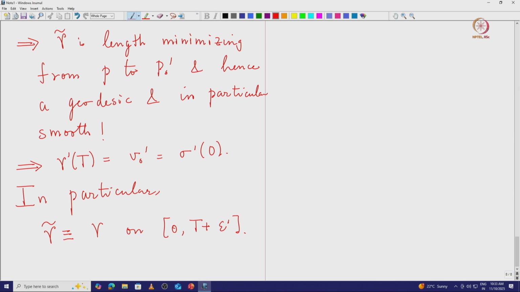So then, if you look at the distance of gamma of t plus epsilon to q, because gamma is the same as gamma tilde, this is the same as the distance from p naught prime to q, which we have already proved is equal to L minus t plus epsilon prime.